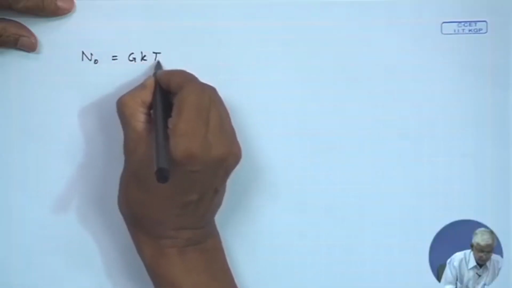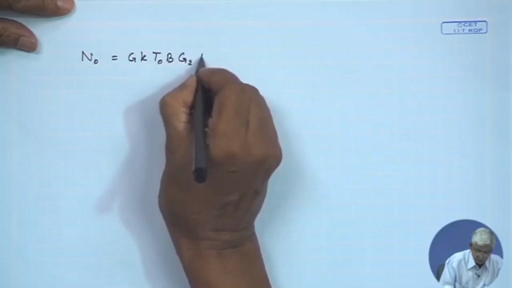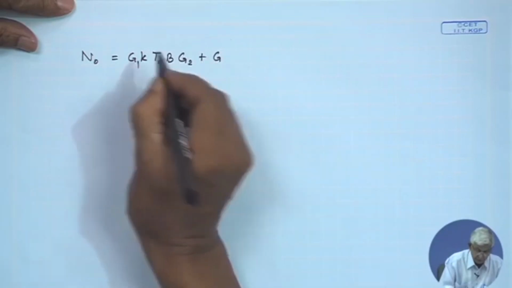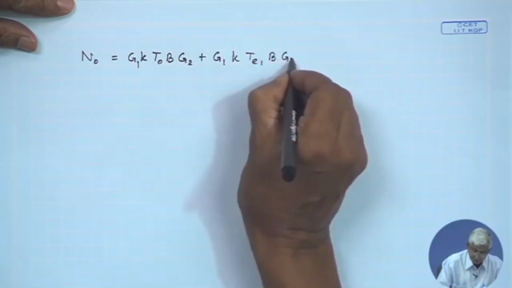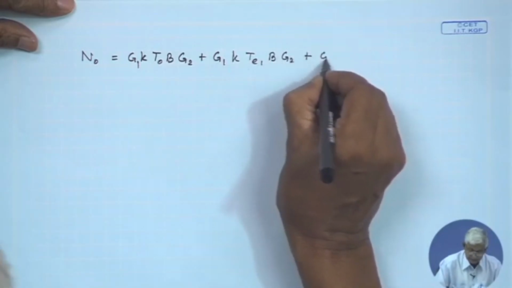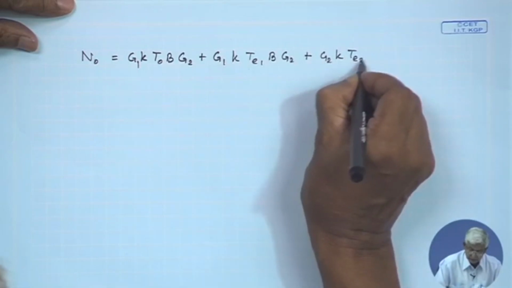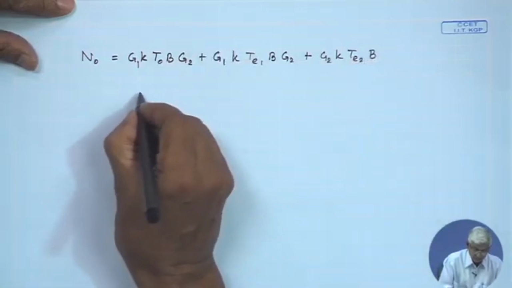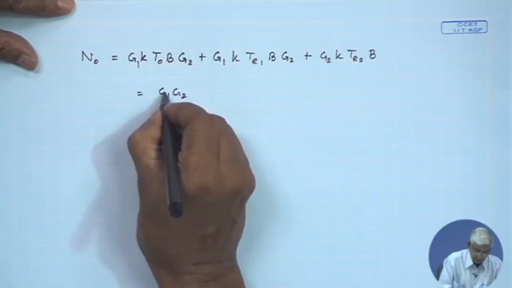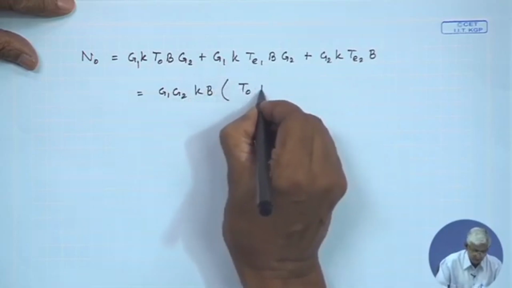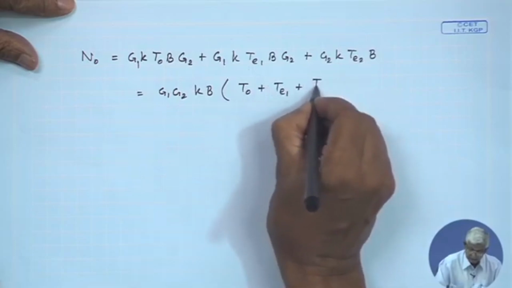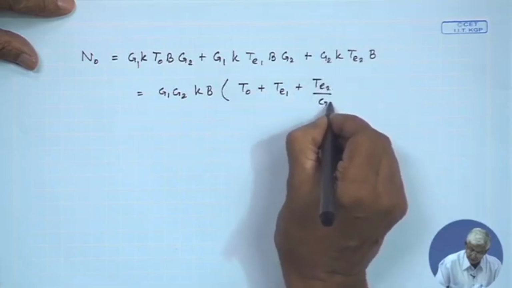Now, if we expand these two, N0 is G1 into K T0 B G2 plus G1 into K TE1 B into G2, that is from the first stage, and then G2 K TE2 into B. If we take G1 and G2 as common, and of course K and B are there, then only in temperature it will be T0 plus TE1 plus TE2, here G1 is not there, so divided by G1.